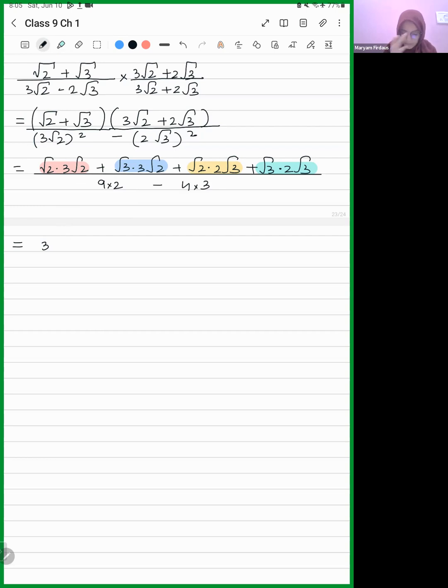Now numerator. Just look at the numerator values and tell whether you have gotten the same values or not.